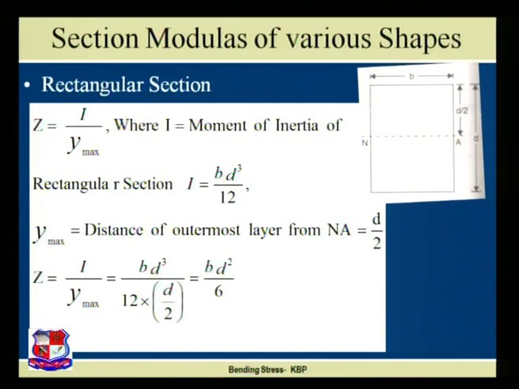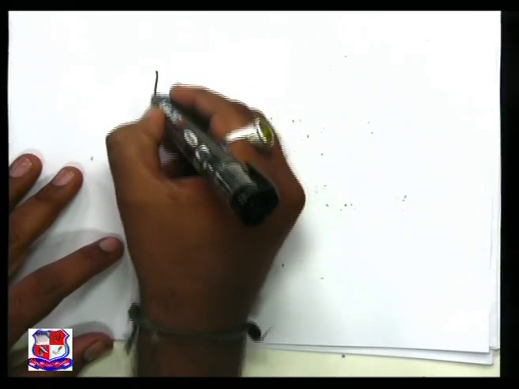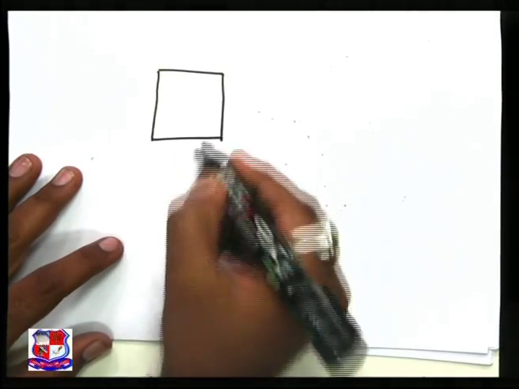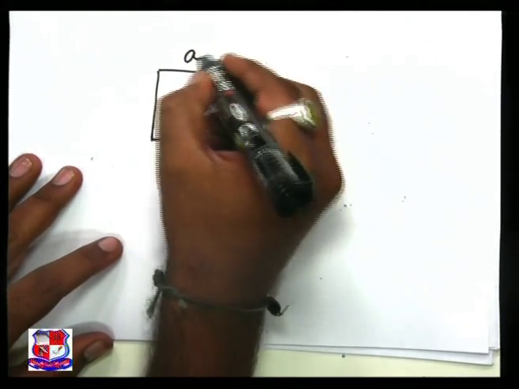Now, let us try to achieve it for the square section. Let us go for the square section on this particular tabletop. Now, the given section is a square, side is a.